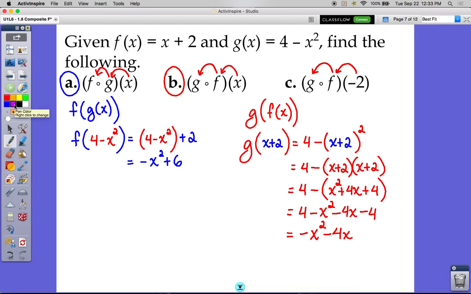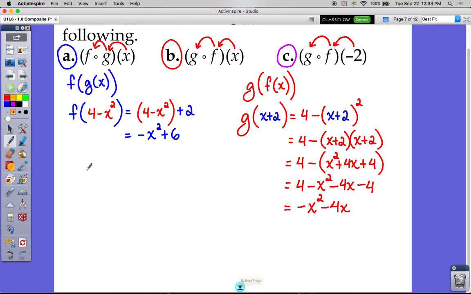One last one. Let's make this one purple. This time they want g of f of negative 2. So it says, okay, plug in a negative 2 into, this is part C. So if I plug in a negative 2, find f of negative 2 first.